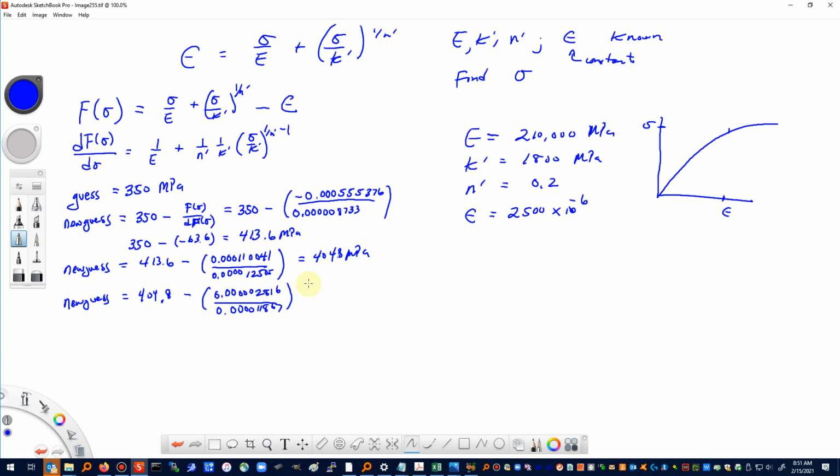I'm going to divide those two numbers, and I'm going to subtract. So now my difference is only 0.2 megapascals.